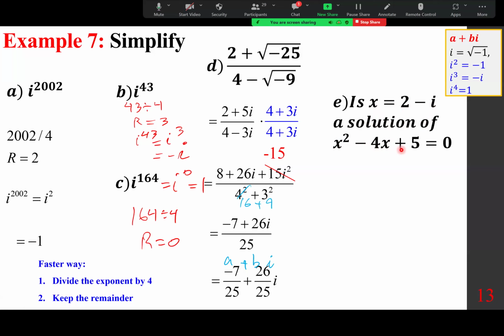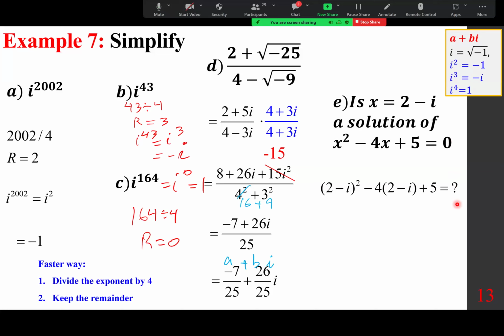So we are going to replace the x with 2 minus i. So we do that: 2 minus i squared minus 4 times 2 minus i plus 5. We are checking to see if we get 0.